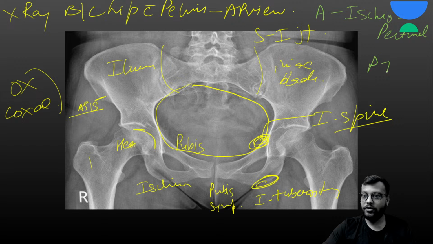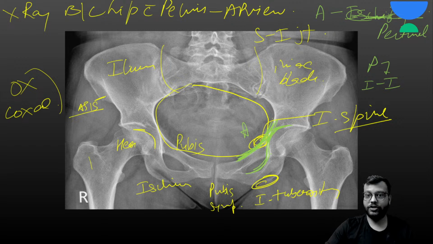So here you can see this is your iliopectineal line, that means this is your anterior column, and this is your ilioischial line, this is your posterior column.